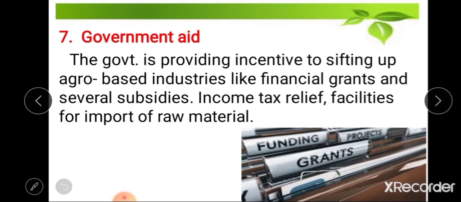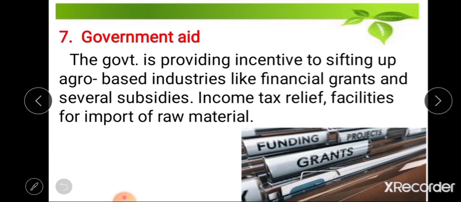Okay, and the last step, that is government aid. So the government is providing incentives for setting up agro-based industries like financial grants, several subsidies, income tax relief, facilities for import of raw material, etc. Okay, so the government also helps to establish these agro-based industries by providing different financial grants, subsidies, income tax reliefs, and also different facilities which are useful in agro-based industry.